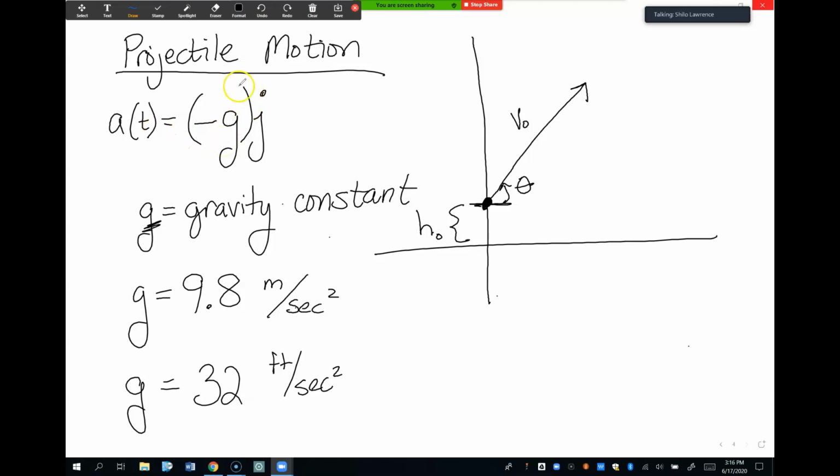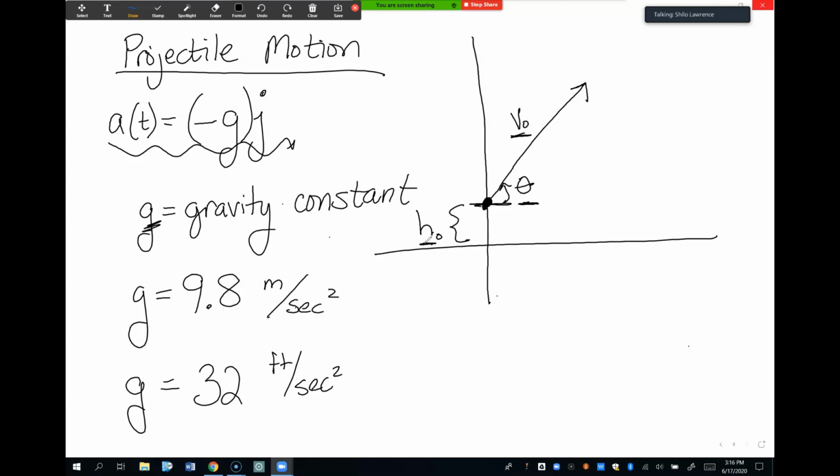And we're going to use antiderivatives to take this acceleration function and go backwards into a position function. We know acceleration is due to gravity. I know the angle it was launched. I know the initial velocity it was given, and I know the initial height it was launched. That's going to allow us to work all the way back to a position function.